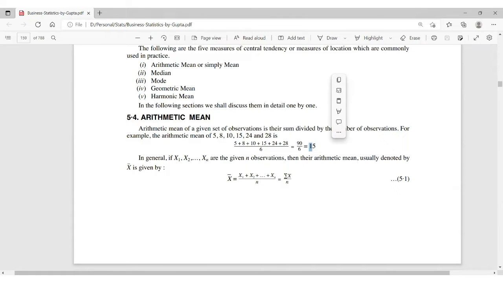Least number is 5 and maximum number is 28. So that 15 lies between these two extreme values, 5 and 28. Clear?